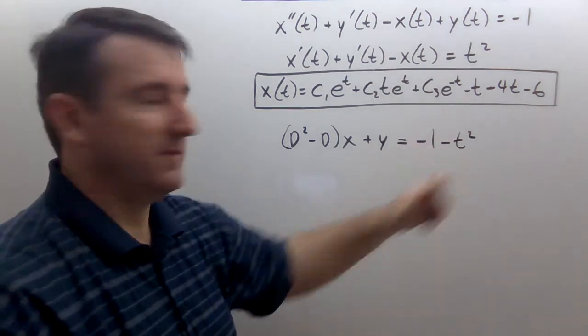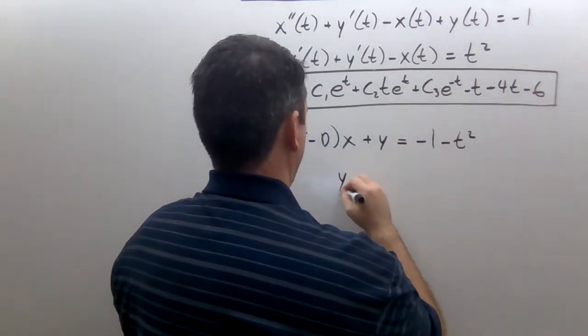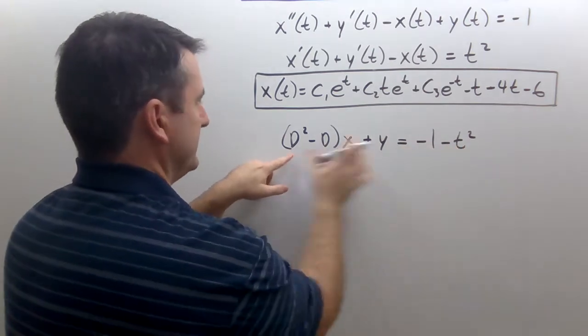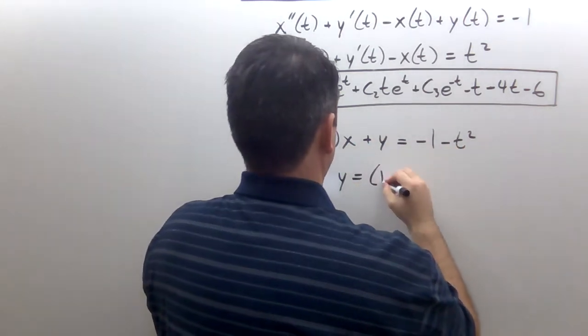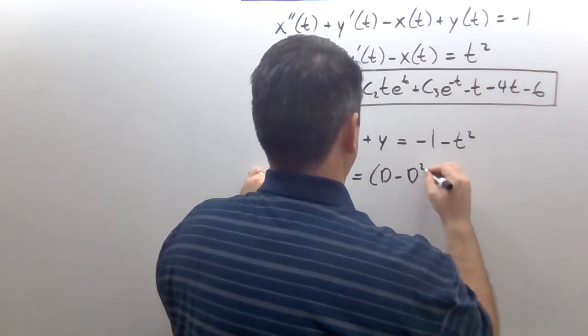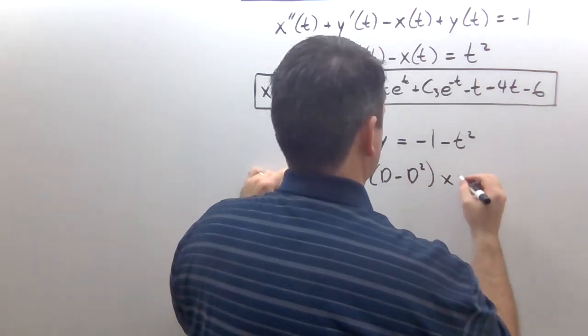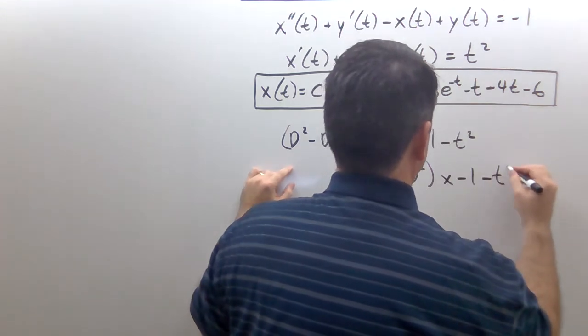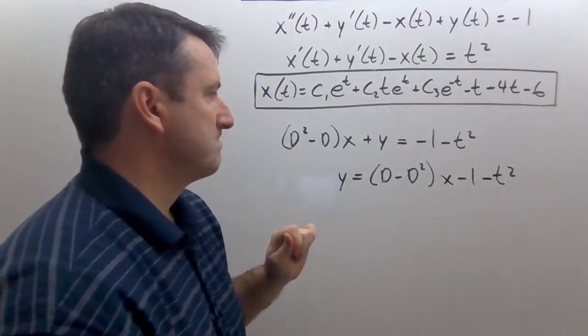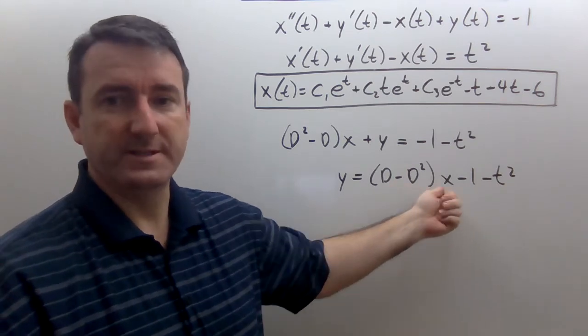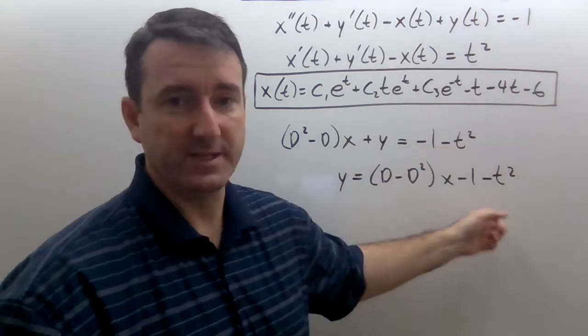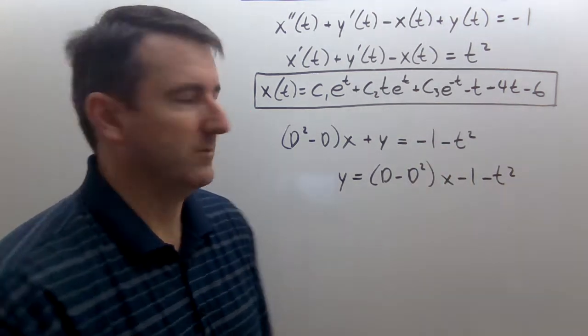So now we can just solve this for y. We get y is equal to, subtract this from both sides, we're going to get the negative of this. So this is d minus d squared times x, minus 1 minus t squared. And now if we can just find the first and second derivative of x and plug those in, we've solved for y.